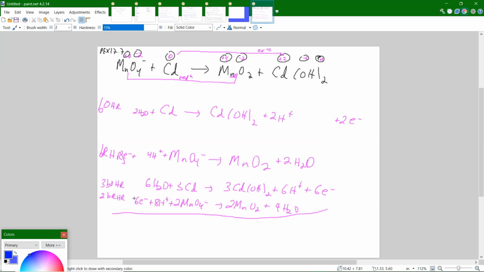We're going to add these together. So the 6 electrons cancel. I got 6 H2O on the left, 4 on the right. So my net is 2 H2O on the left. I got 8H plus on the left and 6H plus on the right. So my net is 2H plus on the right. So I'm trying to do some of that housekeeping before I now add them all together here.